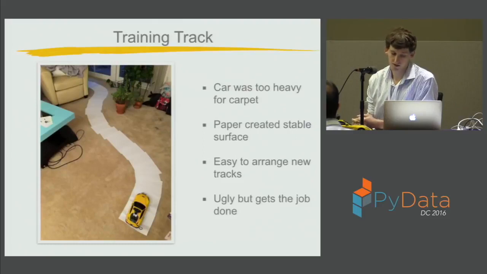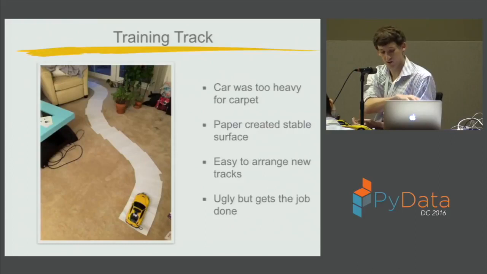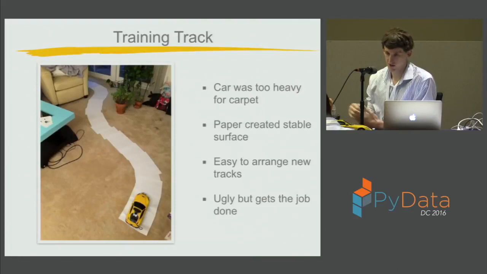But I actually had to make the paper my road. It's not very professional. I'm sure I could have had a better looking track, but I liked using the paper because I could make different kinds of tracks and generate a lot of training data. It's ugly, but it gets the job done.